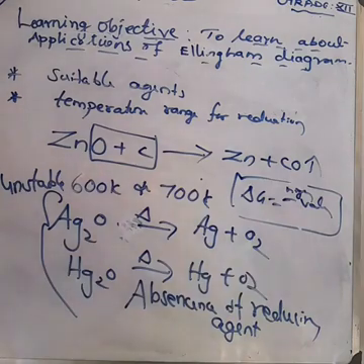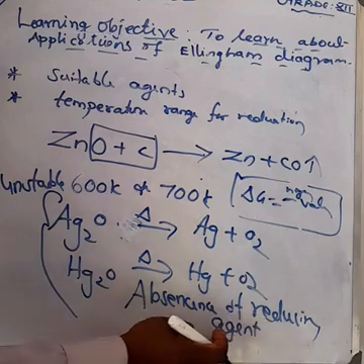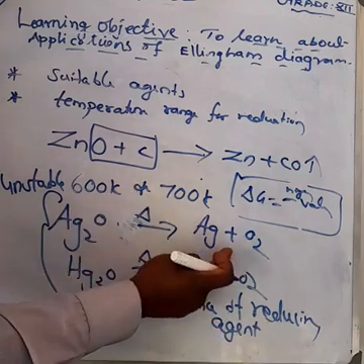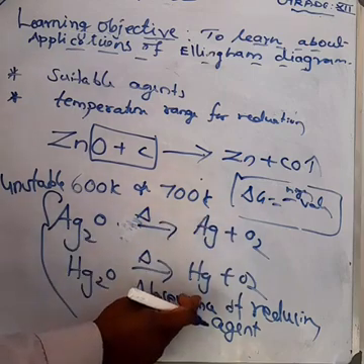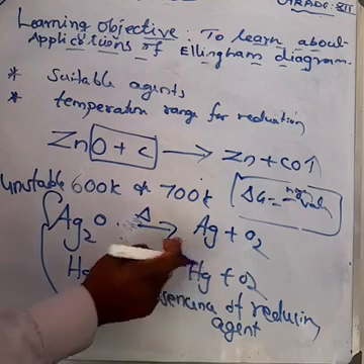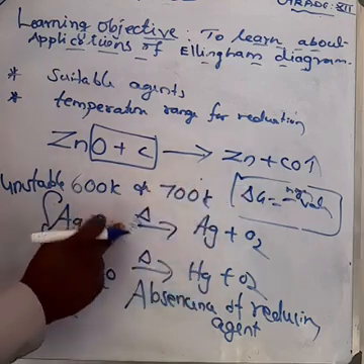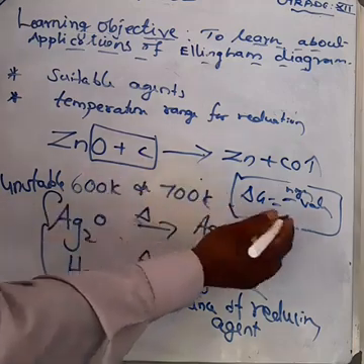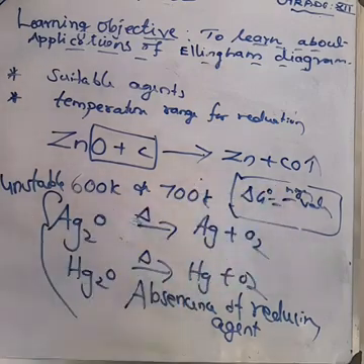What is the reason here that, without a reducing agent, silver oxide is converted into silver metal and mercury oxide is converted into mercury metal? Here the delta G naught value is positive. That is the main reason. We expect a high negative delta G naught value, but here it is positive, so there is no need for a reducing agent.